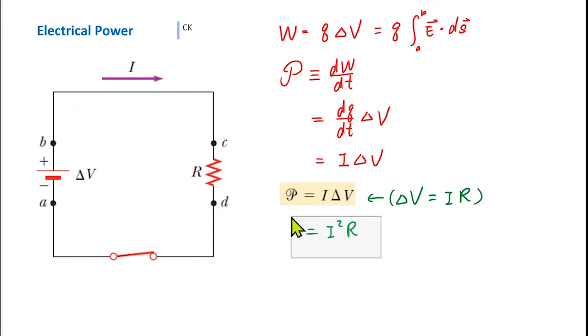Too much algebra? Tell me you're with me. Also, for the power, we can use the other relationship: I is equal to delta V over R. Substitute that there, and then the power takes this form.